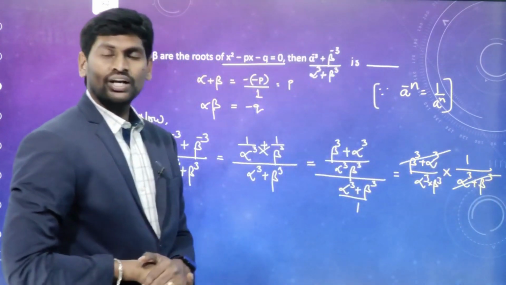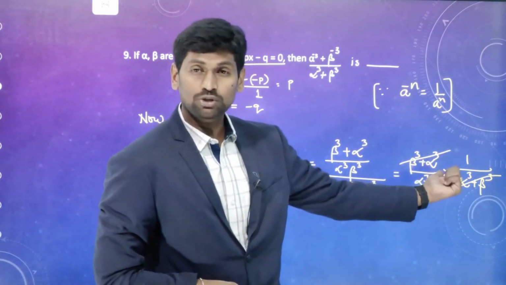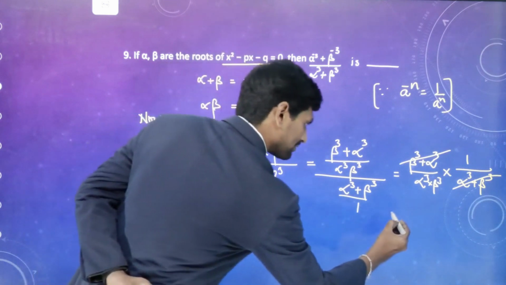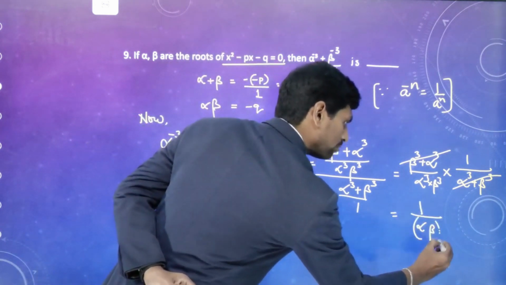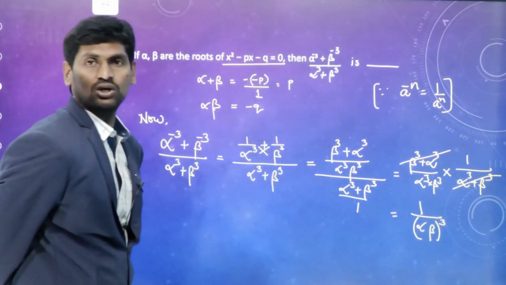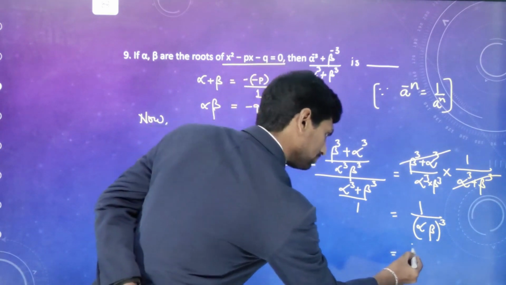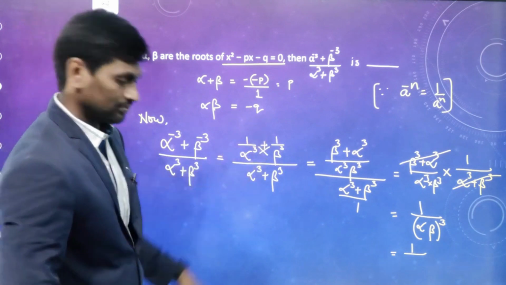Now observe, numerator and denominator both are same. Alpha cube plus beta cube or beta cube plus alpha cube both are same. So I can cancel and the remaining term is 1 by alpha cube into beta cube. I can write alpha into beta whole cube. What is alpha into beta value? Minus q.